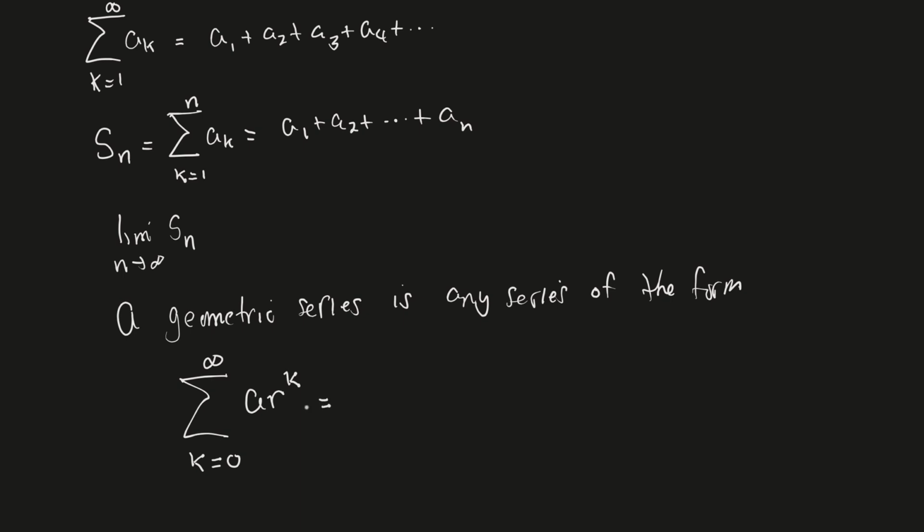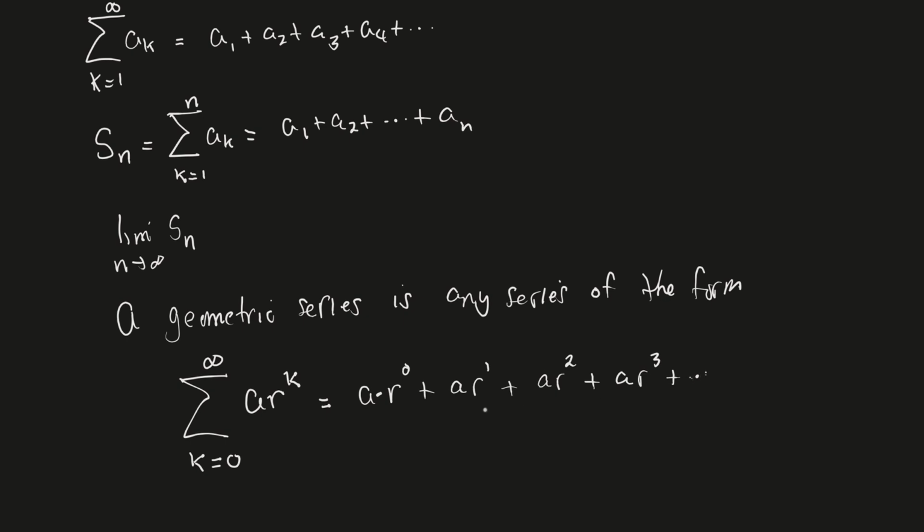So we can see the first few terms of this infinite series. It would be a times r to the 0 plus a times r to the 1 plus a times r squared plus a times r cubed, and so on indefinitely.